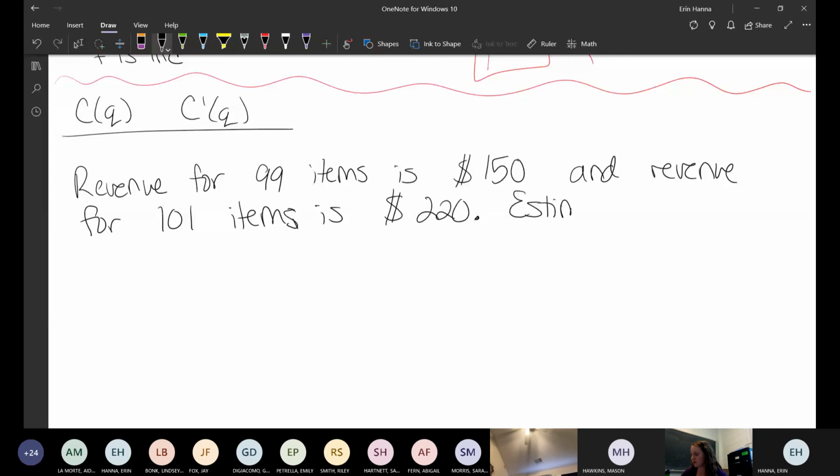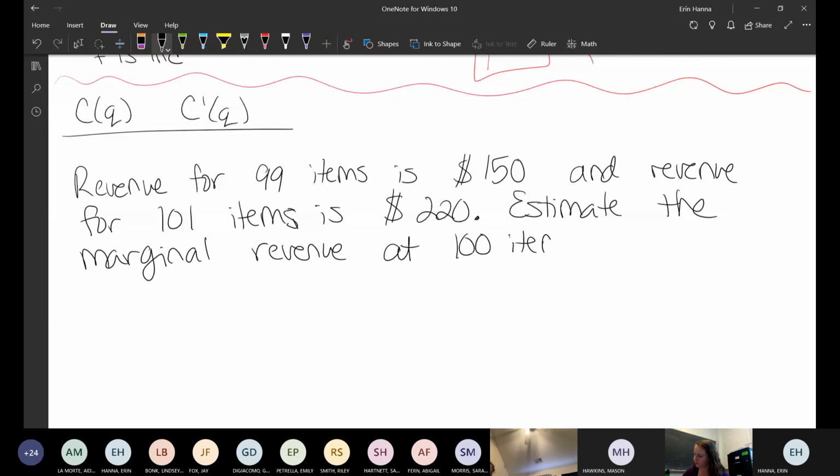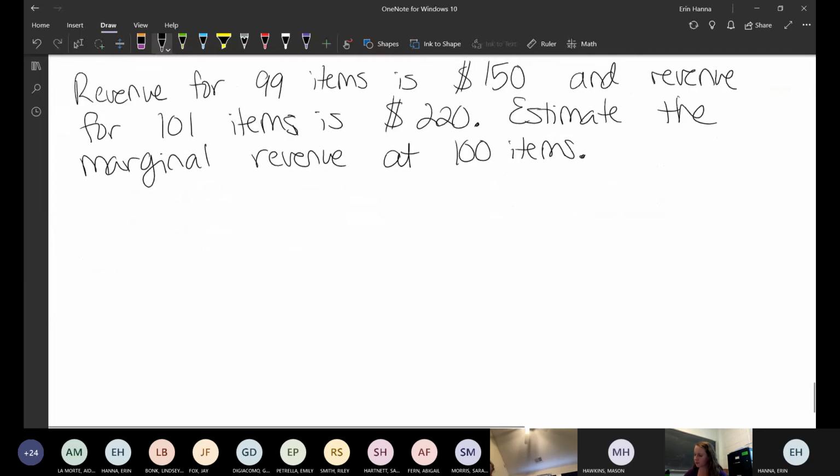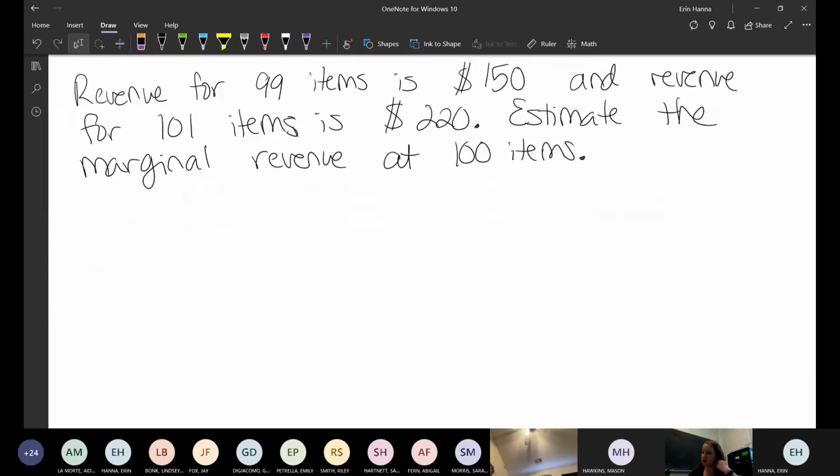Estimate the marginal revenue at 100 items. So super duper quick. We had a question like this, phrased very poorly, but it gets the point across. You're told essentially the revenue of two item amounts, and then you're asked to estimate the marginal revenue for a value between them, which in this case could only have been 100.